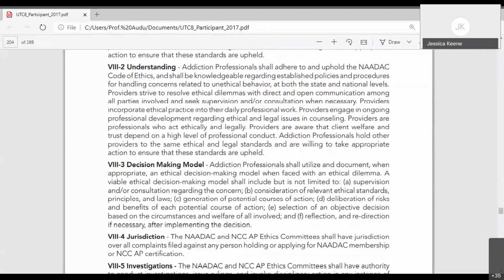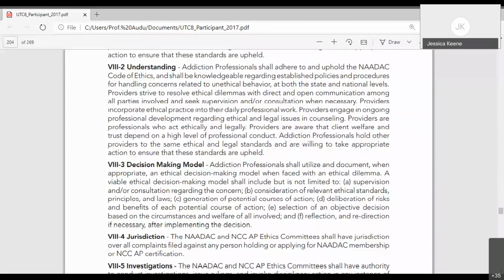Number 2, understanding. Addiction professionals shall adhere to and uphold the NADAC Code of Ethics and shall be knowledgeable regarding established policies and procedures for handling concerns related to unethical behavior at both the state and national levels.